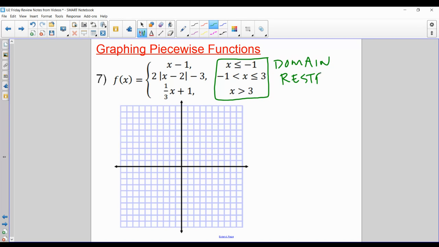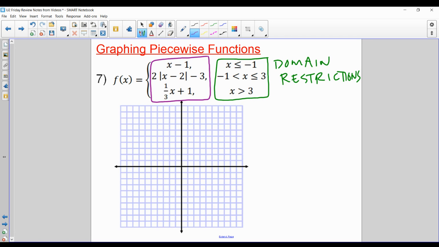They're telling us what x values are going to be valid for when we go to the actual function. So over here, we've got what the function, or what the y, or what the behavior of this is doing.